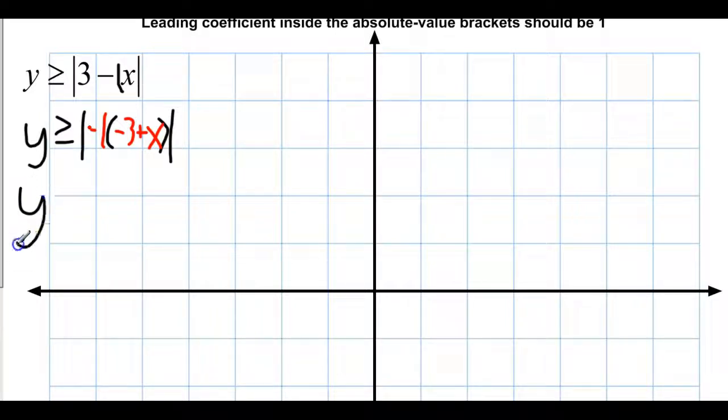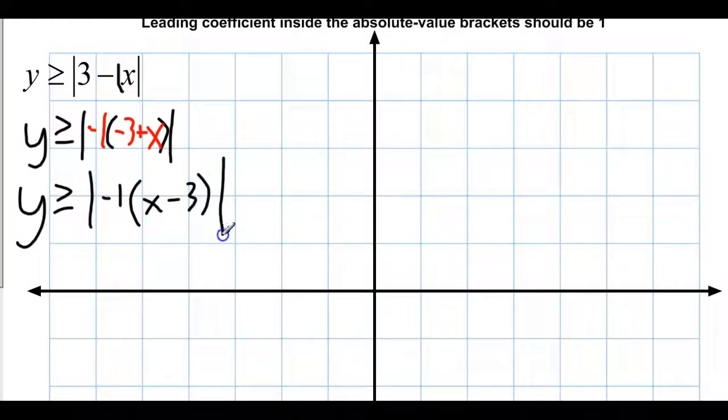So I'm going to rewrite it as y is greater than or equal to the absolute value of negative 1 times x minus 3. So now the coefficient in front of x right here is actually 1. I took the negative 1 and factored it out as a GCF. I took out a negative 1 from this function. So now I can look at this just like a normal graph.